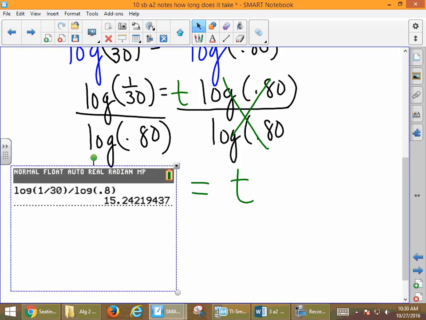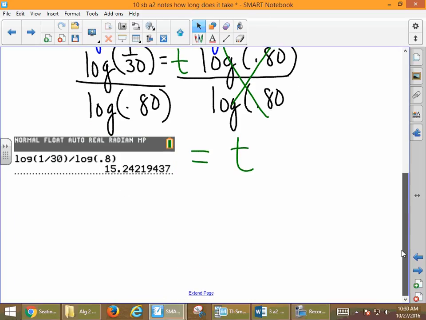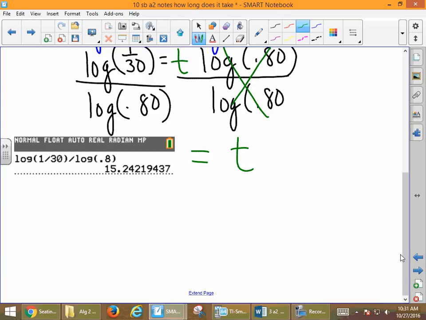Let's round to the nearest thousandth, and we're going to look at our fourth decimal place, which is the 1. And that means when we go to round there, we're not going to round much. We're going to get 15.242.